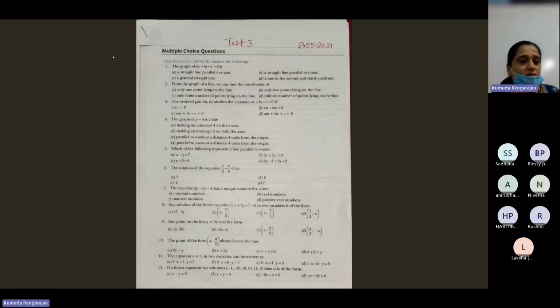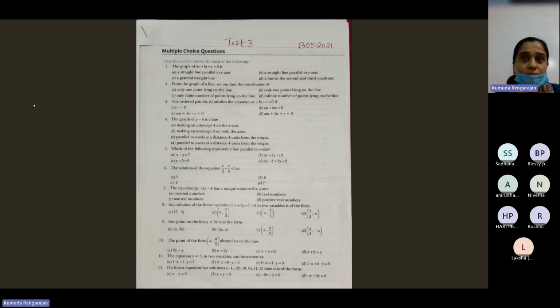The next one. Eighth one. Any solution of the linear equation in two variables is of the form. What's the answer you've got? B. 0x means there is no x at all.